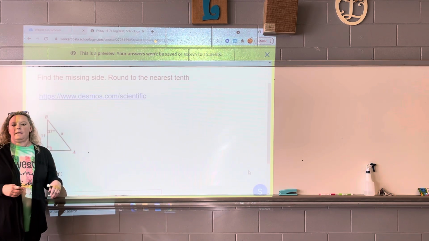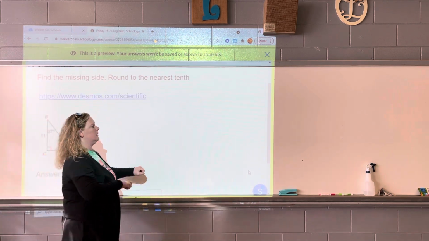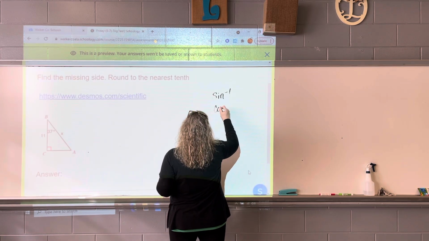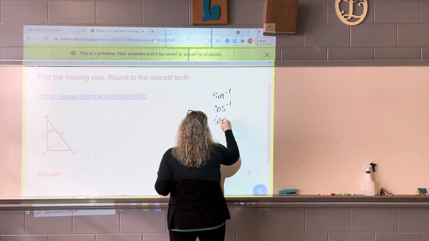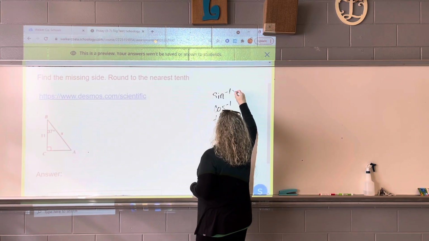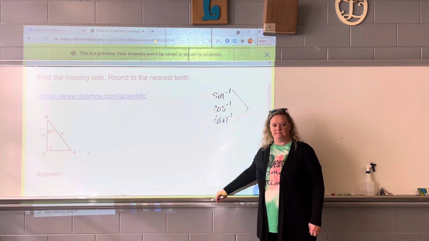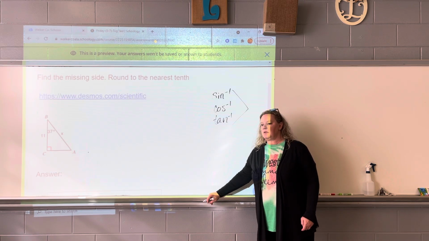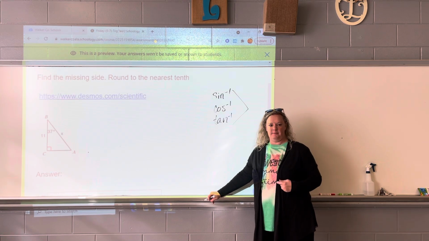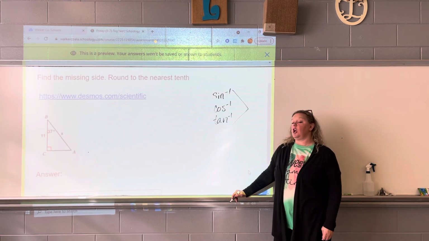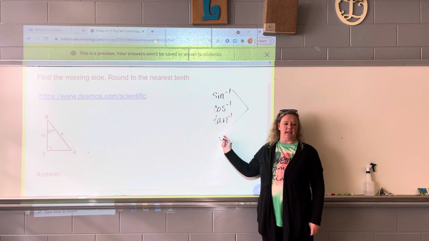Now remember, when do you use the -1? When do you use these three? When do you use those? Come on, somebody knows. You use this when you're undoing a sine, cosine, and tangent, right?